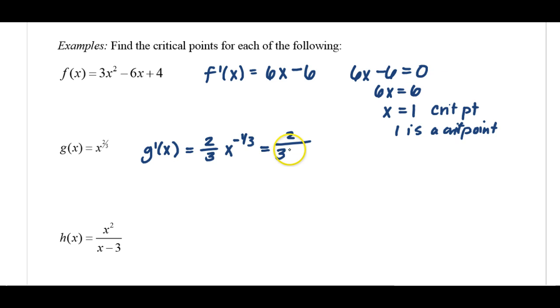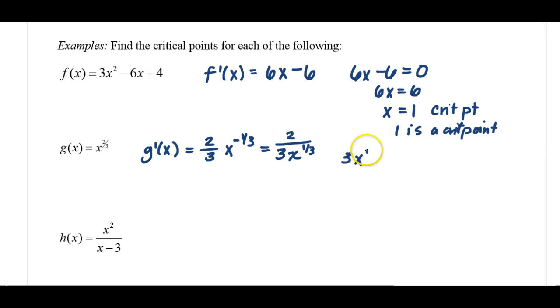So this is 2/3 x to the positive 1/3 is my derivative. So there's no places where the derivative equals 0. That's setting the top equal to 0, and 2 can never be 0. But the denominator can be 0 when x is 0.